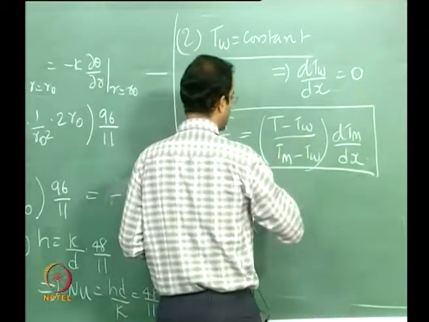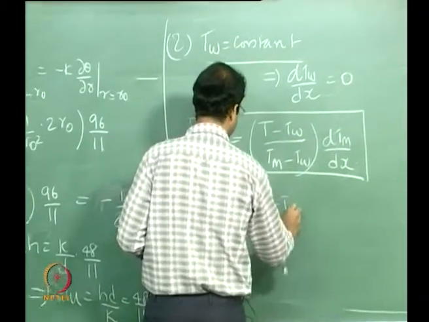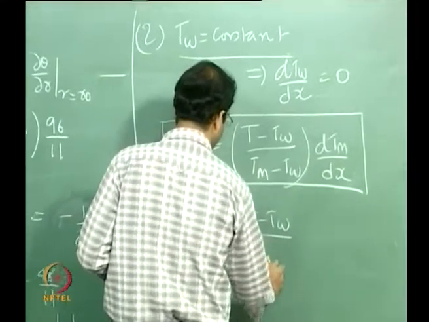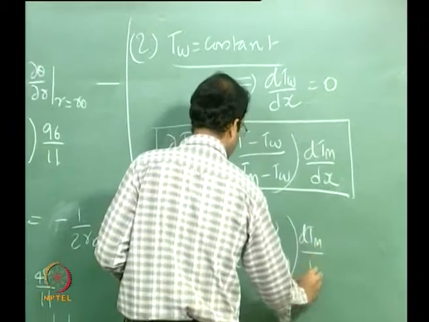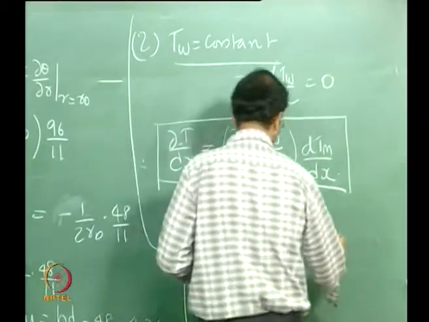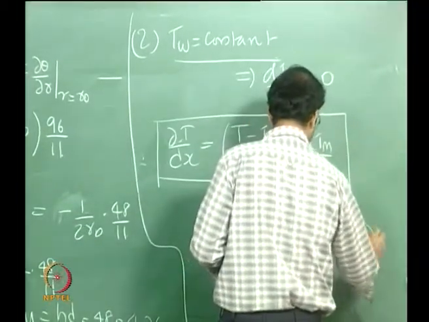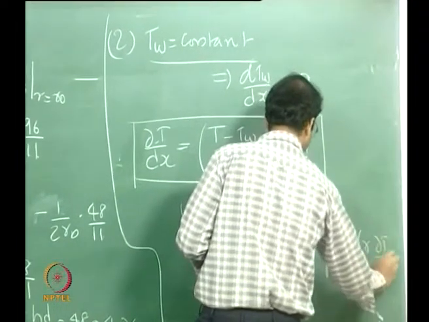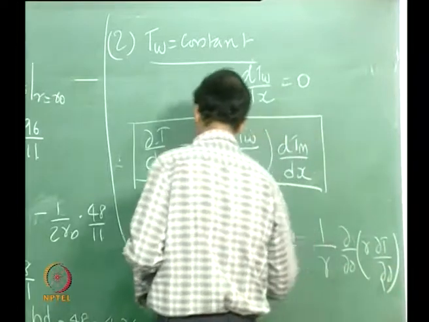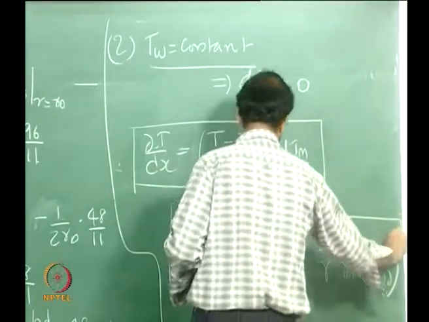I am going to substitute in place of that this particular expression, (T minus T_wall) by (T_m minus T_wall) into dT_m by dx. So this is equal to, of course, your 1 by r d by dr into r dT by dr. Now this is what you need to solve.